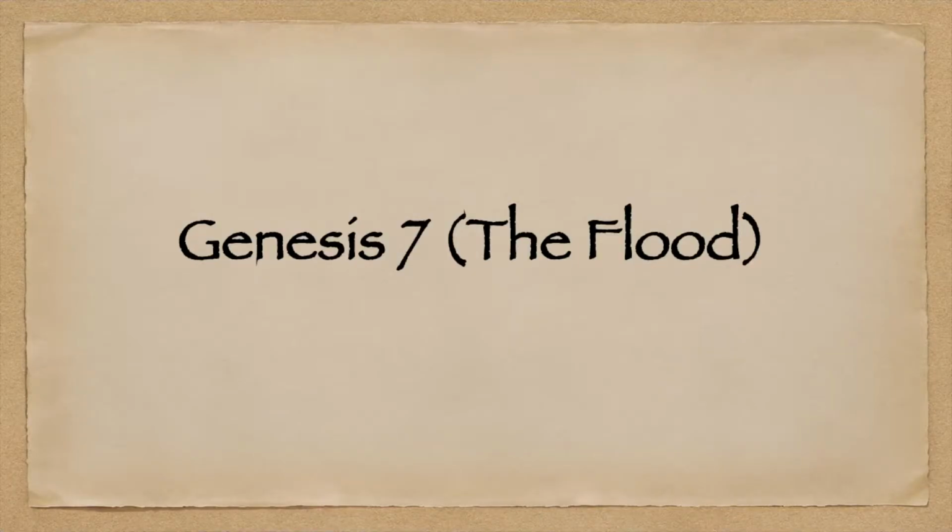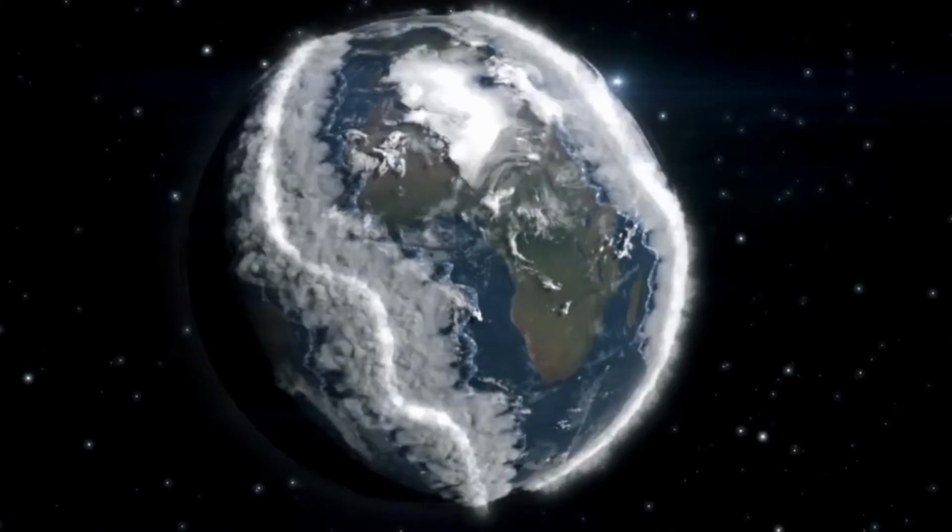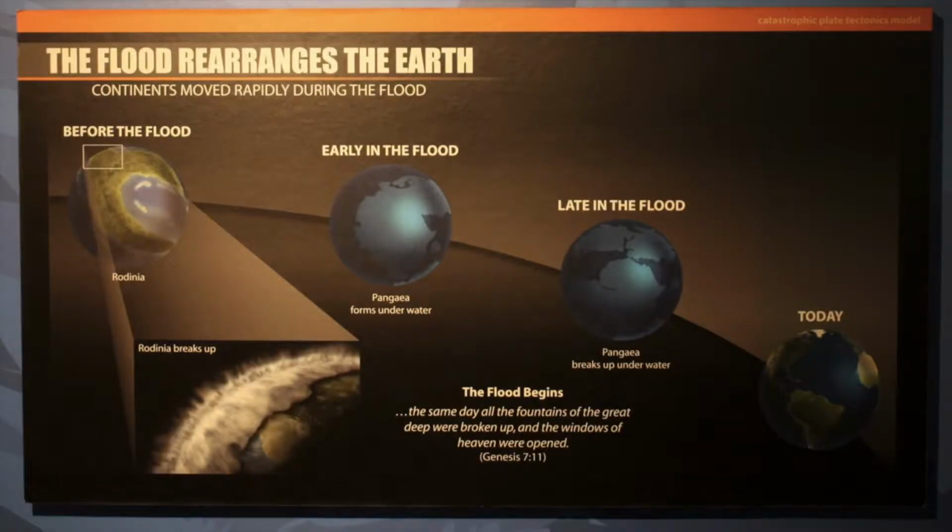And Genesis chapter 7, of course, mentions the flood. A flood that would have covered the whole earth from a young earth perspective. The earth would have been, as I said before, Pangea, and the flood would have covered it and broke apart under the waters.